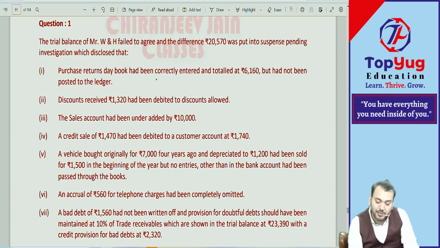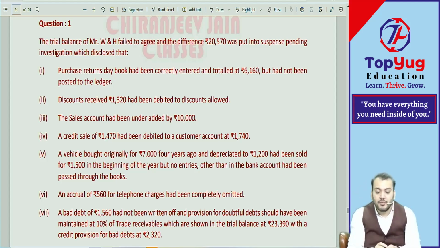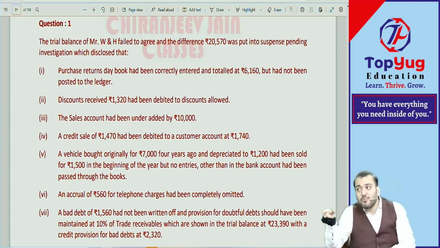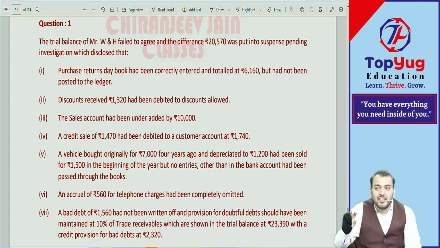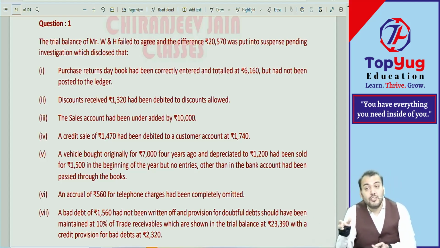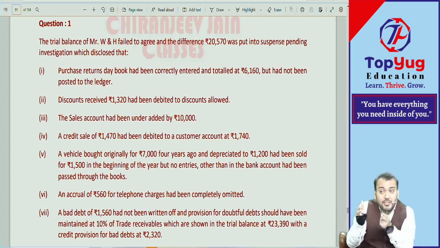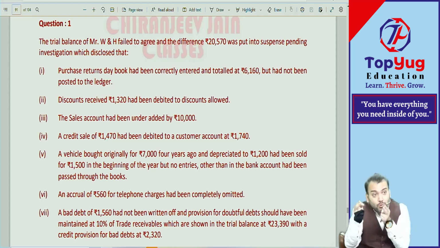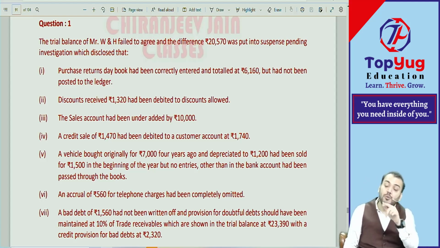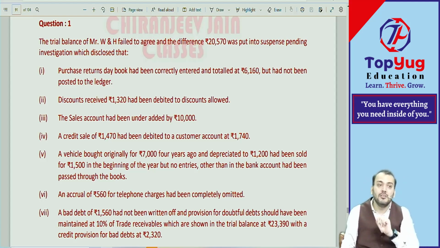The purchase return day book has been correctly entered and totaled, which means there is no mistake in the subsidiary book, but it has not been posted to the ledger. What has not been posted? Try to understand the English. The total of the purchase return day book has not been posted. The purchase return account and the creditor account are posted with individual amounts, and individual transactions are already posted.